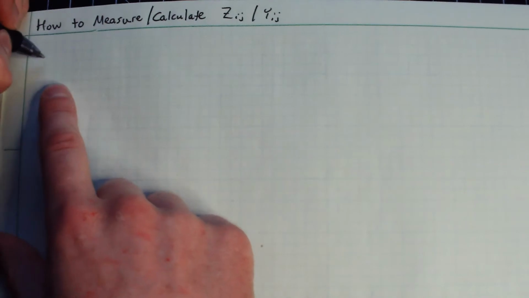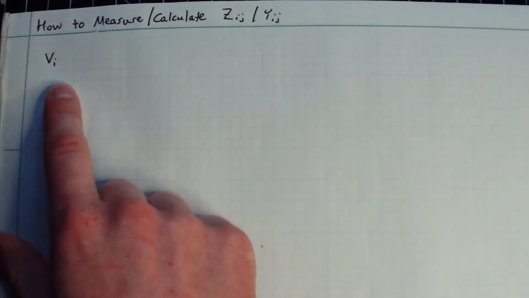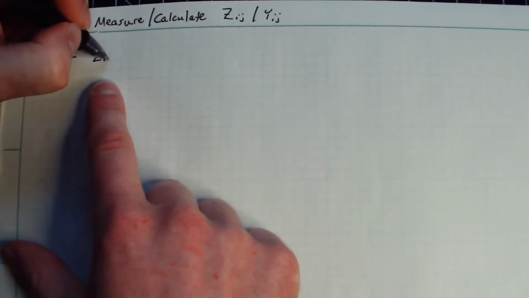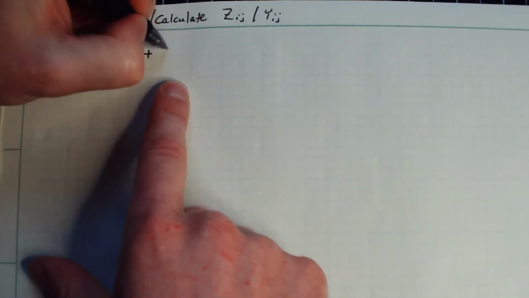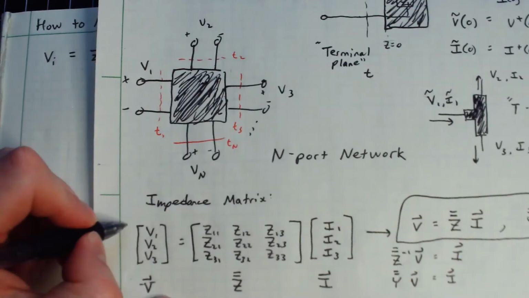So let's write out, say, the first line, or the ith line, I'll say. So V sub i is equal to Z sub i1 times I1 plus Z sub i2 times I2 plus dot dot dot plus Z sub in times I sub n. Remember, this i represents my row going down.